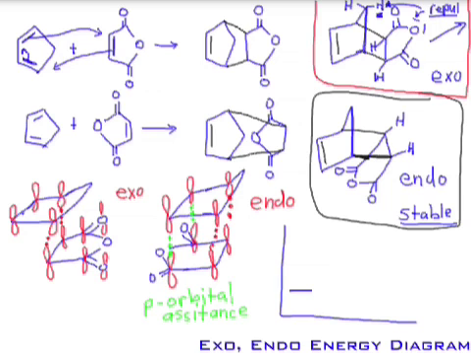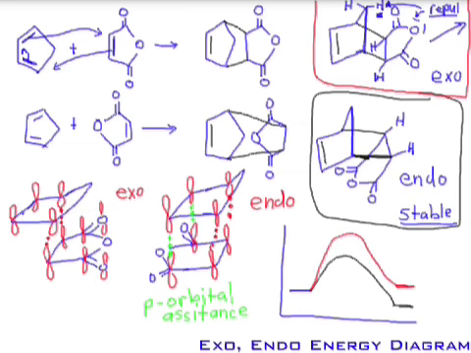Here's the endo's transition state. The endo is the most stable product, and it also has the lowest energy of activation because it has the most stable transition state. The exo, which is red, is less stable than the endo in final product, and its transition state is higher energy as well.